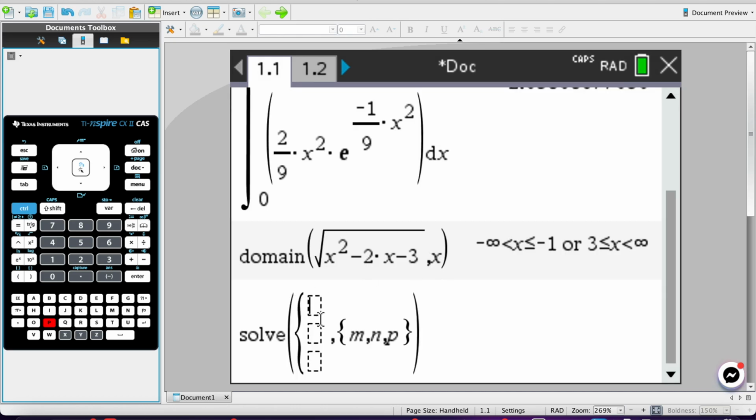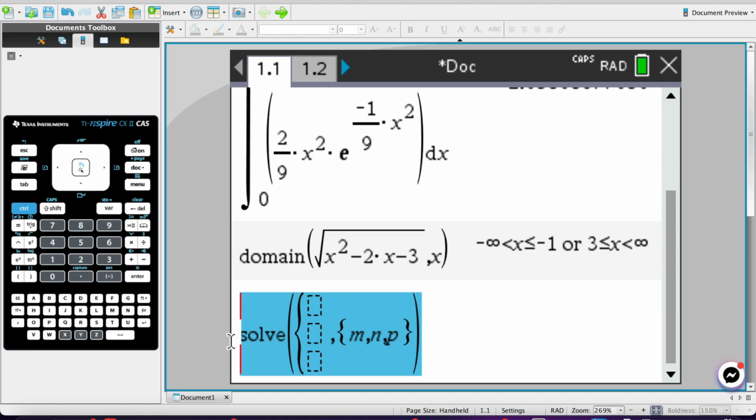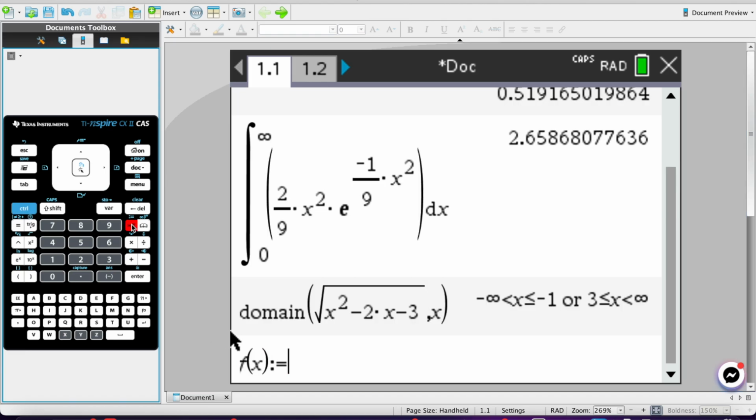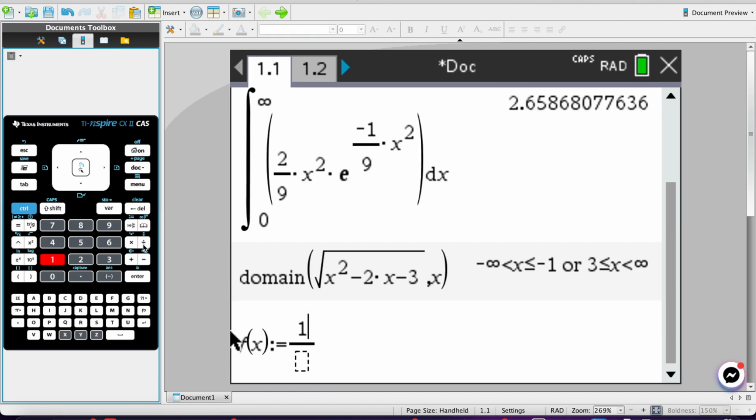So the first equation, I guess I'll define f of x first, as 1/3 x cubed plus m times, make sure you put that multiplication sign, x squared plus n times x plus p.